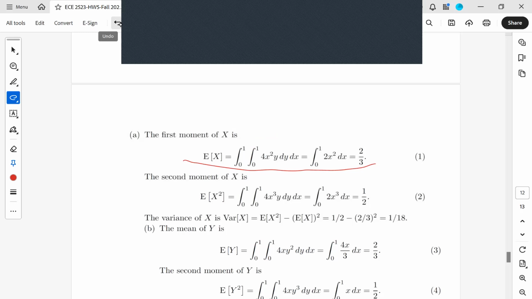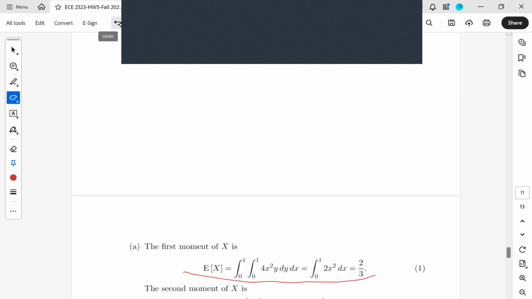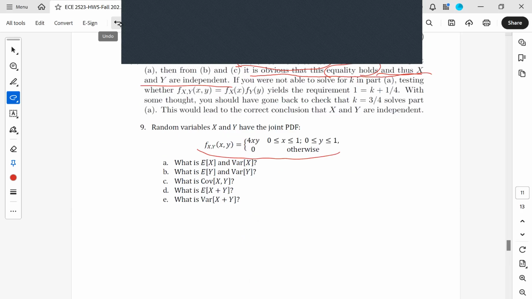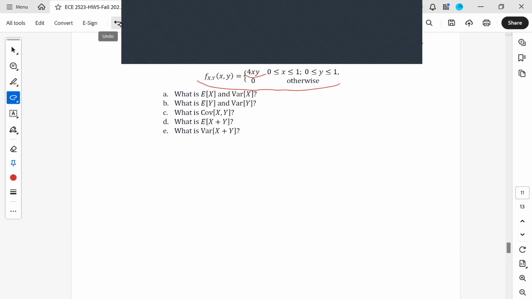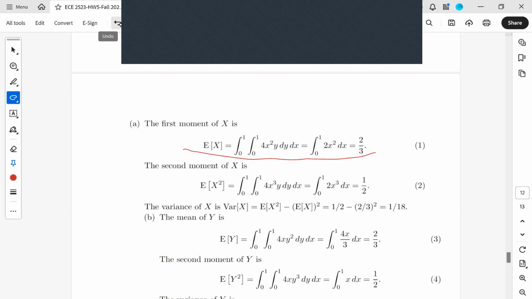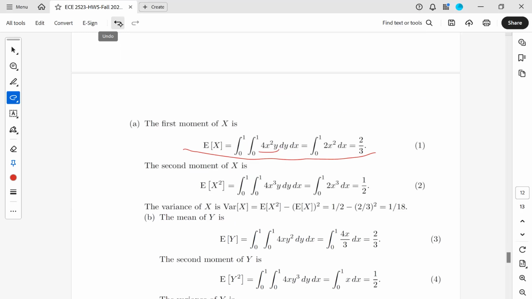The joint PDF is 4xy. What I have here is 4x squared y, because I multiplied by that x, since expected value is x f of x. Here also, you can see that the y is squared, so this is actually y f of y. This is what I want to point out.